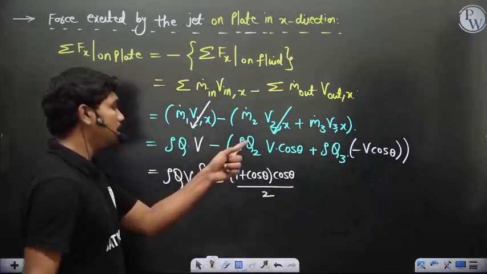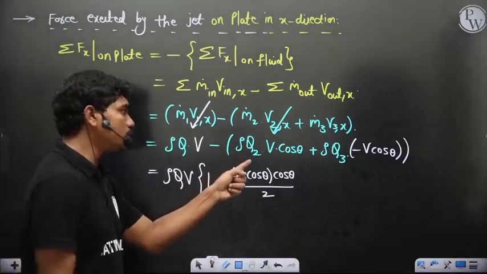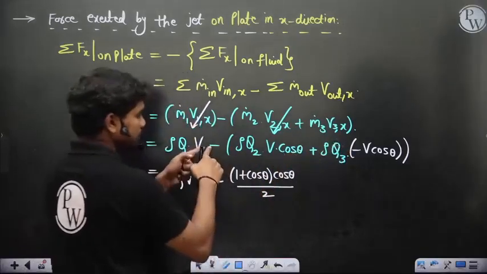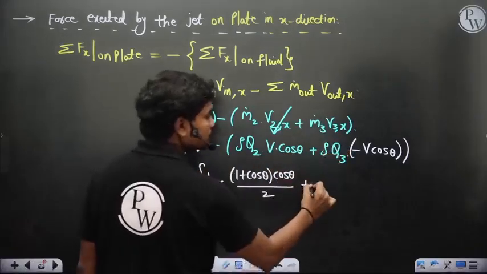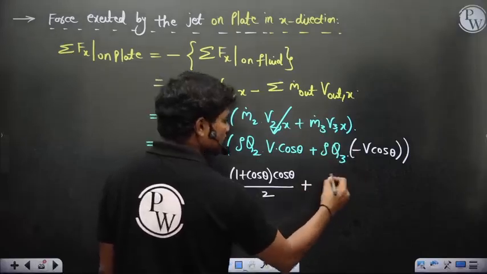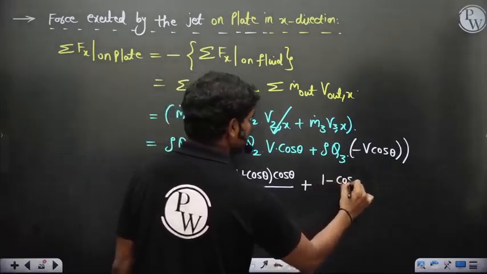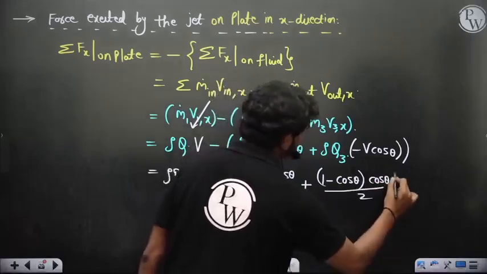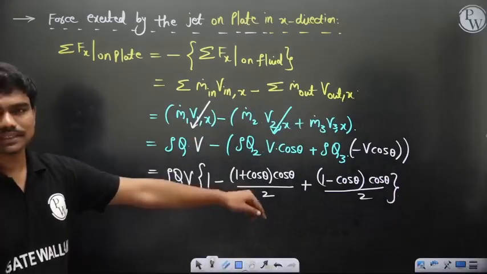Then minus of this minus, plus, then Q3 is Q by 2 into 1 minus cos theta, so 1 minus cos theta into cos theta by 2, of course. So this is the simplification you have to do.